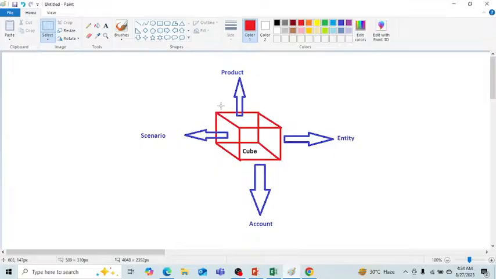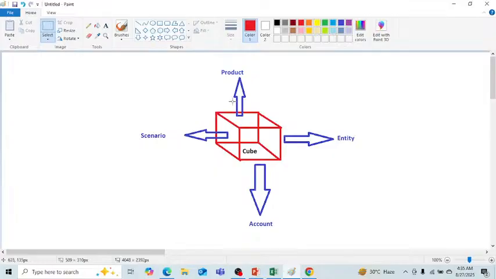A member is a specific item within a dimension. For example, total revenue or marketing expenses are members of the account dimension. Members are organized in a hierarchy, with child members rolling up to parent members. So the properties we are discussing today define how a member behaves within that hierarchy and the application.